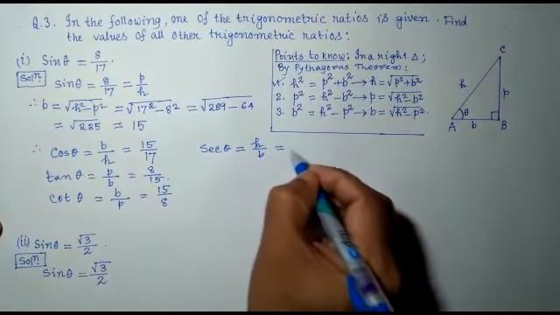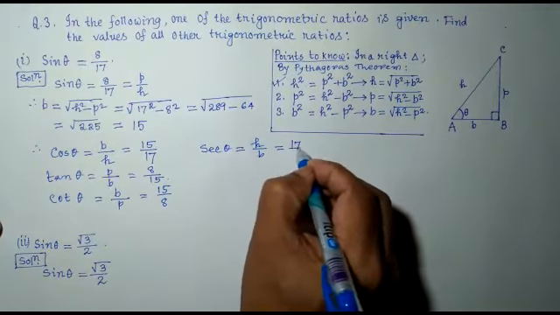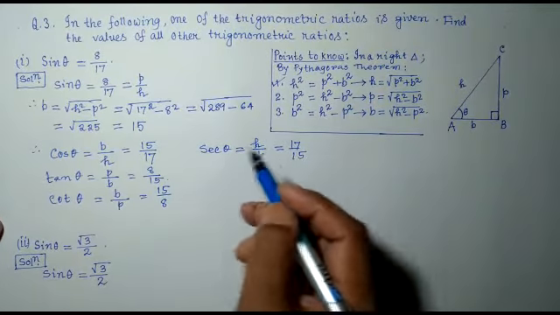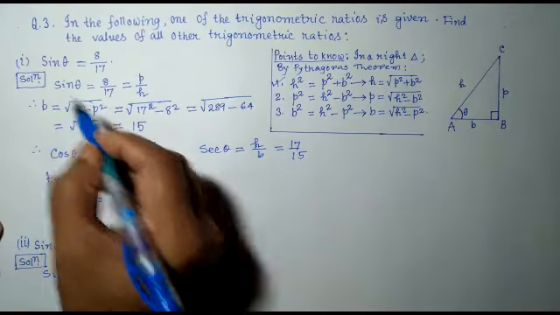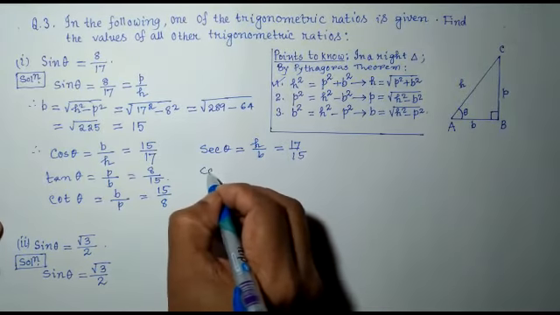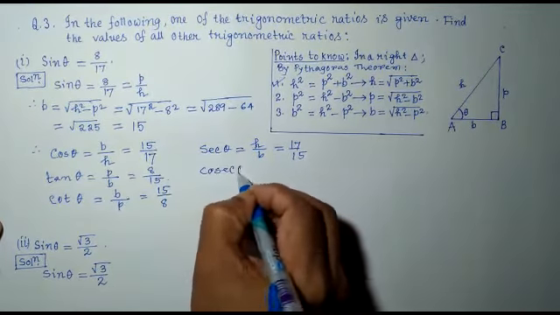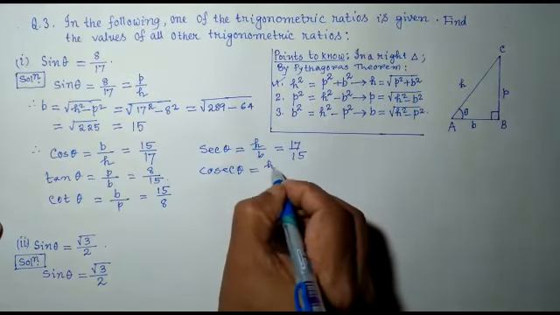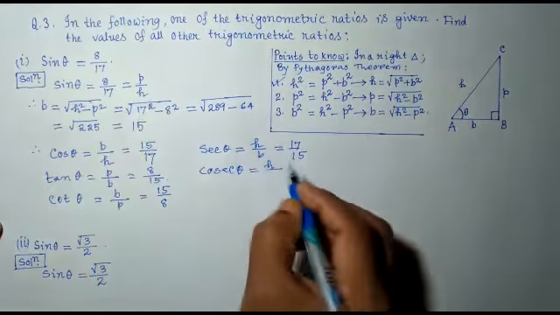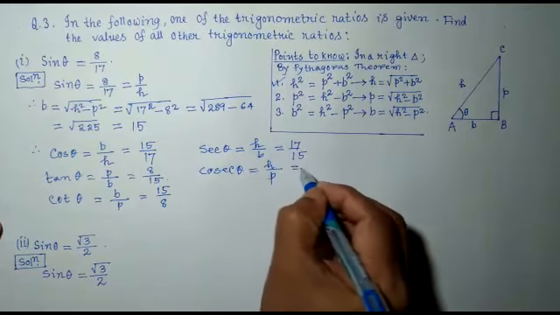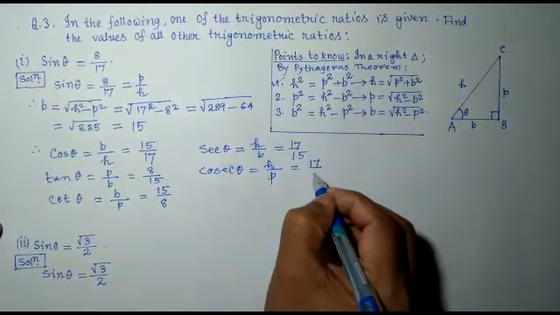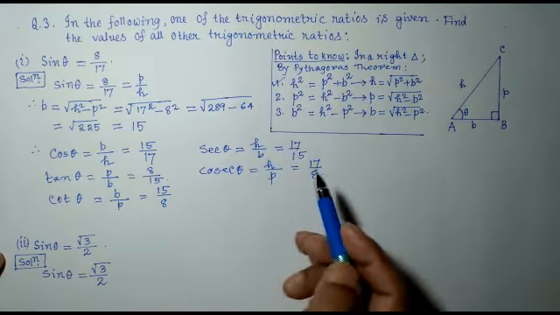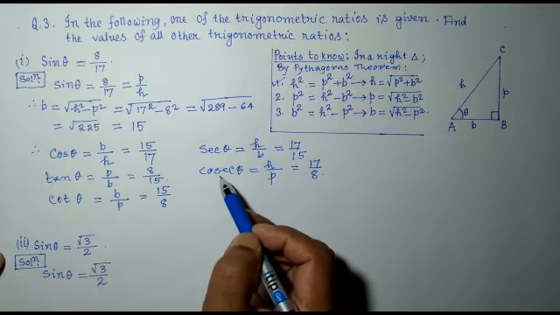So we will get here 17 by 15. Then the reciprocal of sin theta is what? Cosec theta. So we can bring that formula from sin theta. Hypotenuse is up and perpendicular is down. So we can write 17 up and 8 down. So these are the 5 trigonometric ratios, the values we have got: 1, 2, 3, 4, 5.